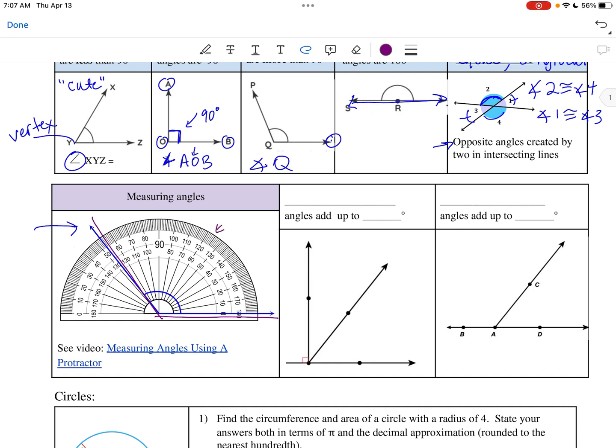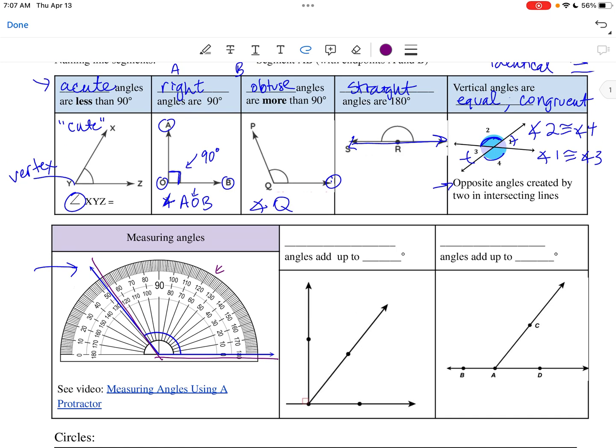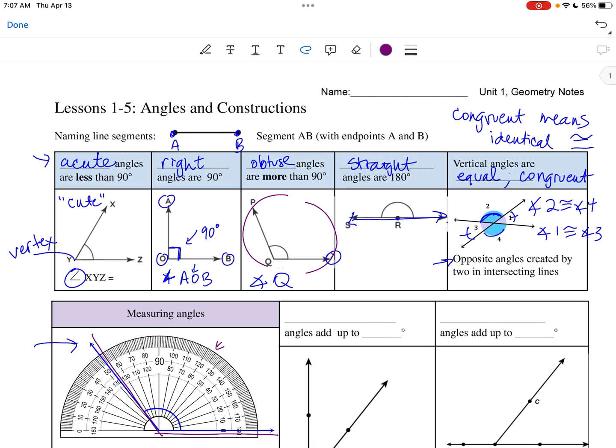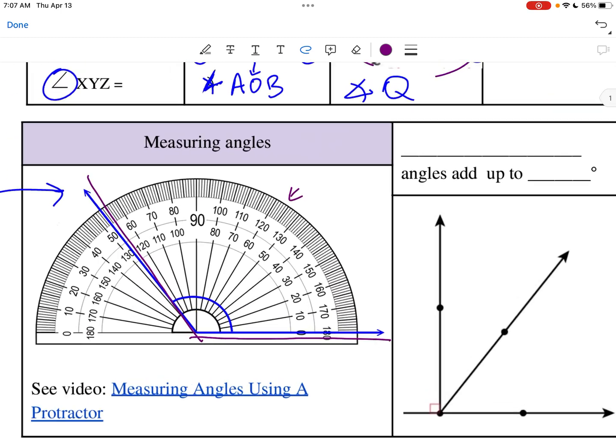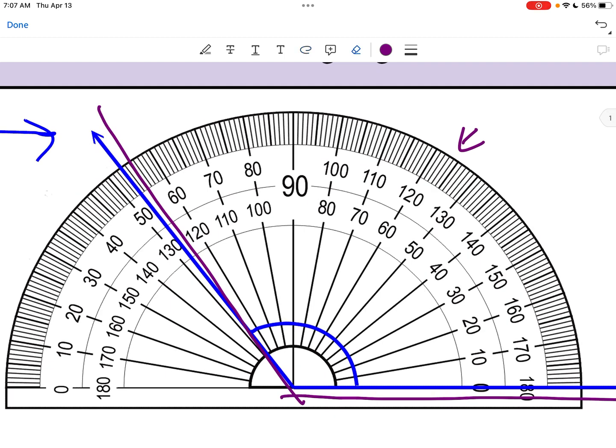So here we're looking at an obtuse angle, like this one. It is greater than 90 degrees. It opens up more than 90. So if we zoom in here to where the angle actually hits, we can see we have a couple of choices, right? It's either between 120 and 130, so 126 or 127 is one of our choices, if we're looking at these numbers down here.